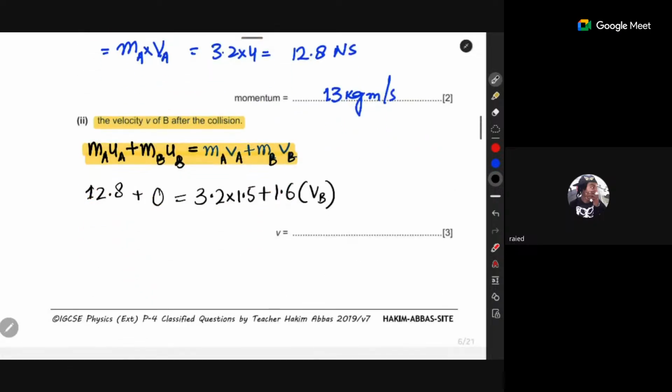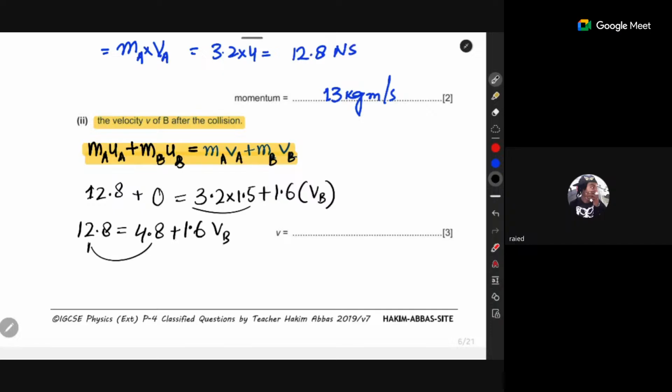And please rearrange all this. 12.8 equals, yes, just multiply these two. How much is it? 4.8. 4.8 plus 1.6 times VB.